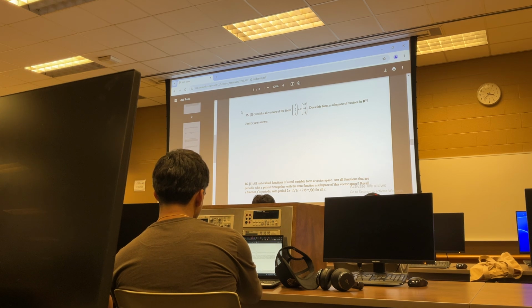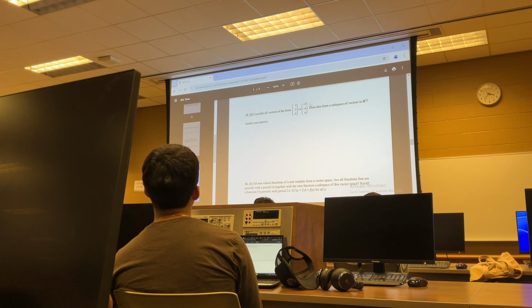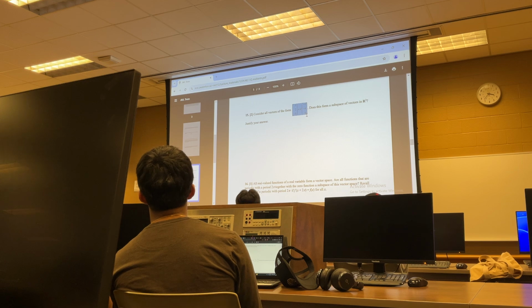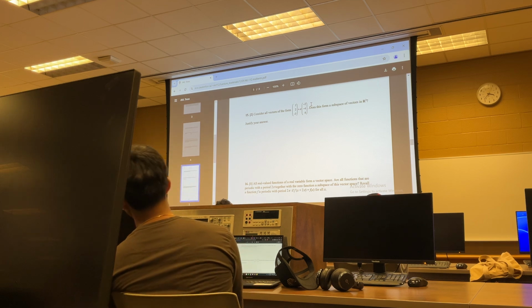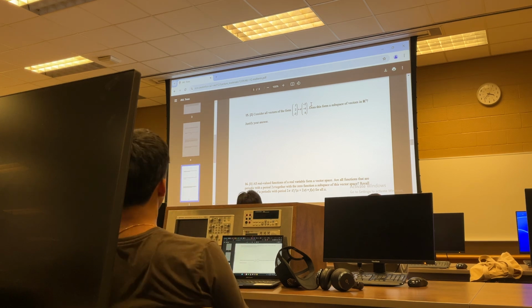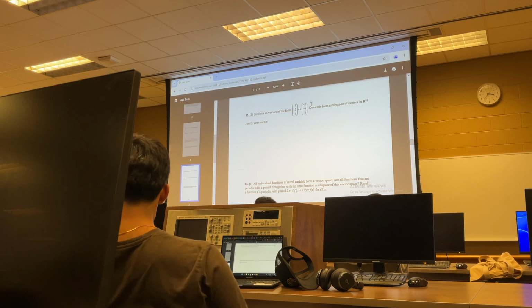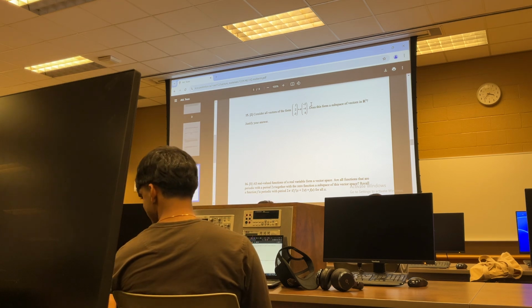Something to consider with this one is that these two vectors are technically the same if you just take out a -2 from the second vector. If you factor out a scalar of -2, or you can interpret it as multiplying the second vector by -0.5, it just becomes your first vector.